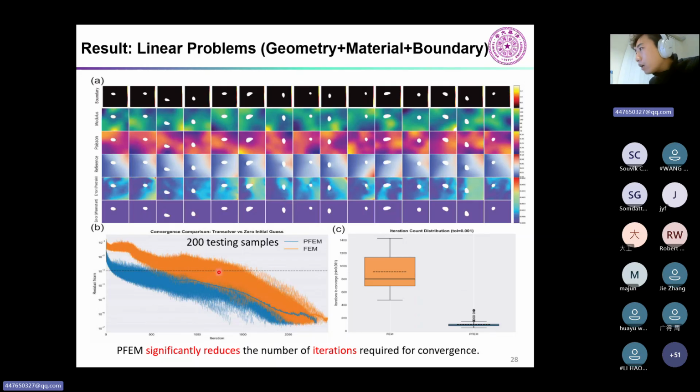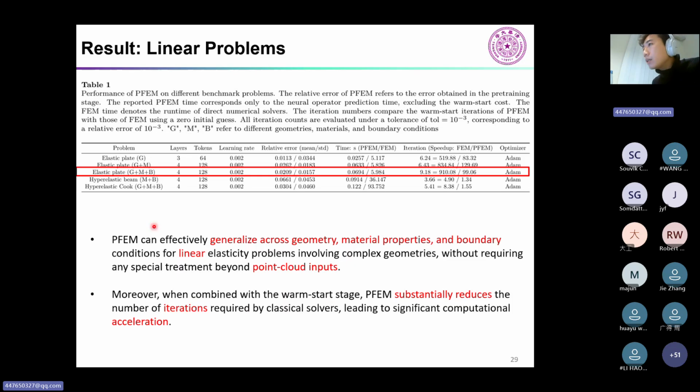As you can see here, for our PFEM the iteration number is, for example, this black line, and we plot this in box plots. As you can see, our iteration number is very, very small, right? I think this table shows a clearer quantification. The traditional method uses 900 iterations.